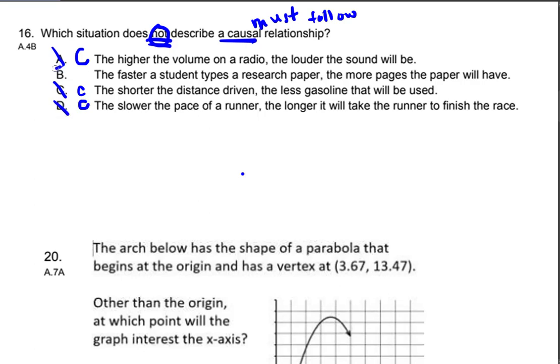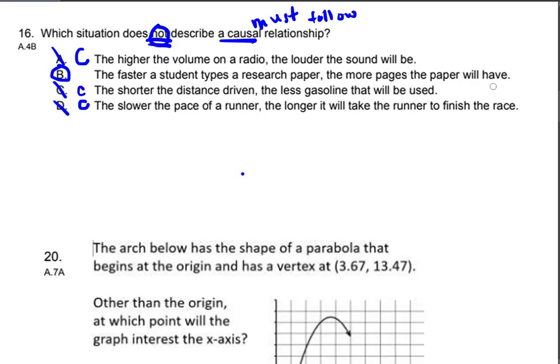So there's one that's not a causal relationship, but that's this one here. The faster a student types a research paper, the more pages the paper will have. The reason why that's not necessarily true is it's assuming that if you were typing infinitely, and your research paper had an infinite number of pages, you could have as many as you want.